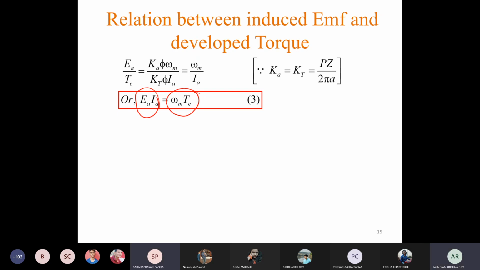Armature current or armature voltage. So Ea into Ia, that is the product of voltage and current. What is it actually? Some power. And omega m Te, what is this?